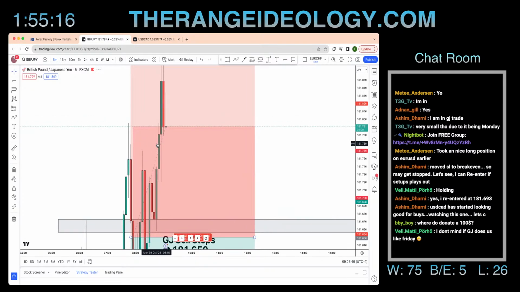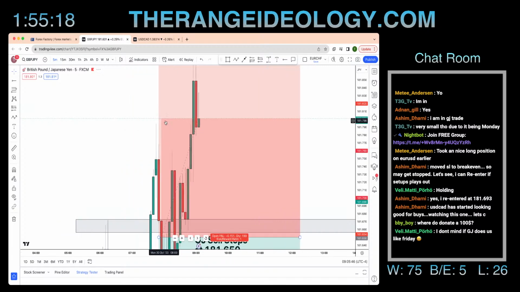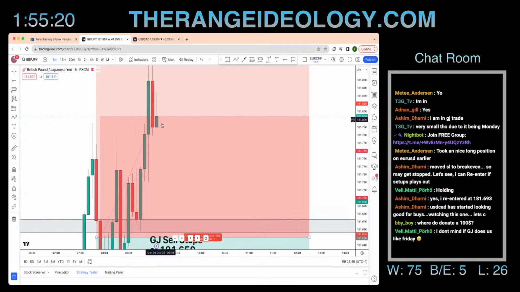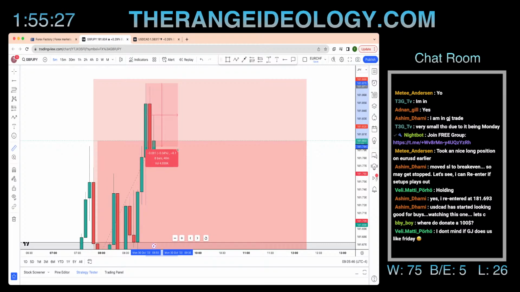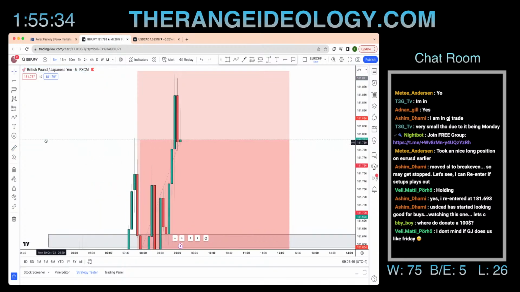Let's see. Oh, wow. Will it continue to push down? So from the top where it was, we moved down almost 8.5 pips. Now it's about 7 pips. Let's see. Look at that, guys.